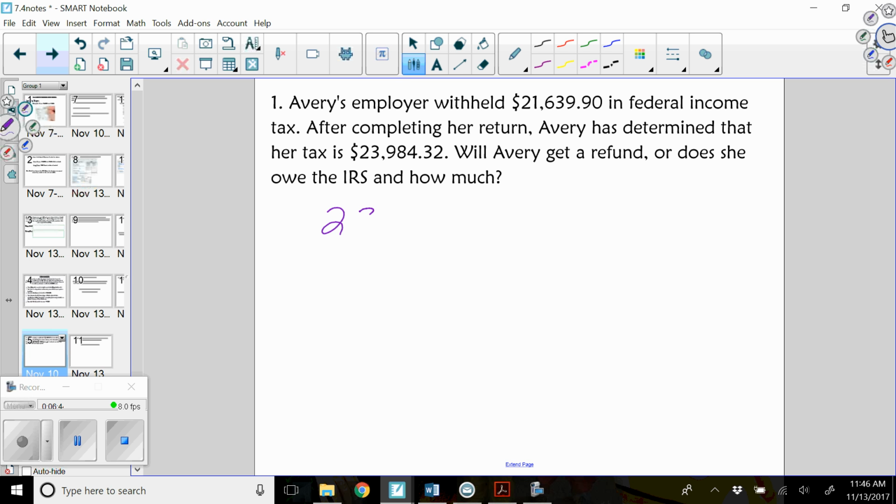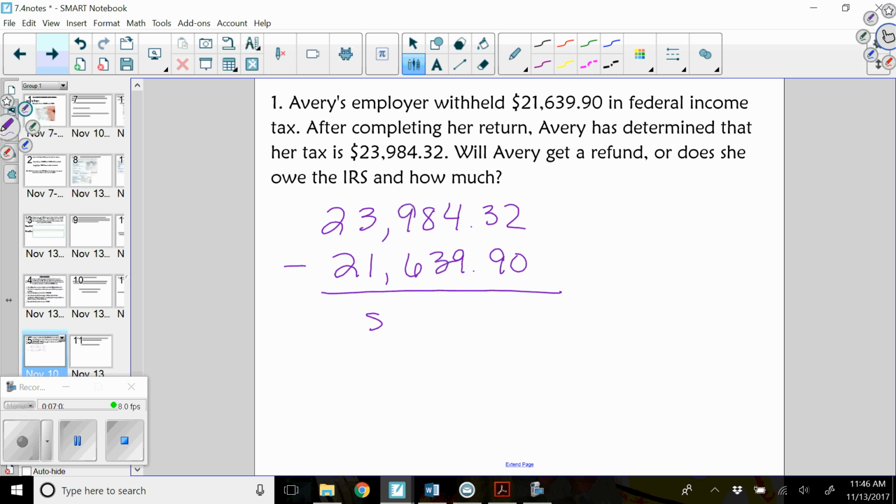So yeah, this is the easy math. $23,984.32, we're going to subtract $21,639.90. There we go. $2,344.42 she owes.